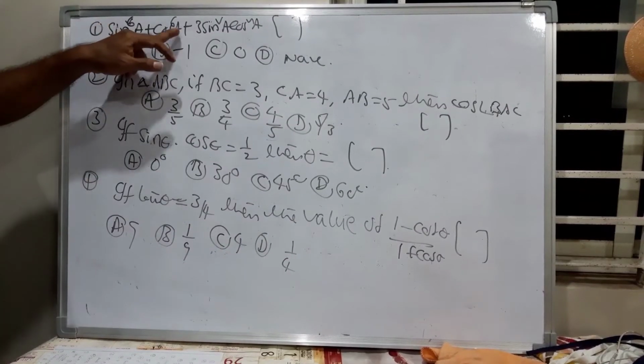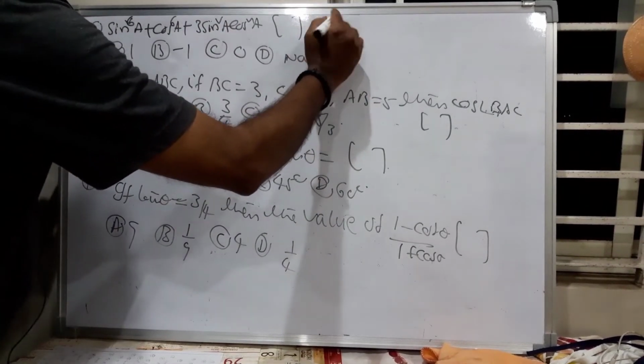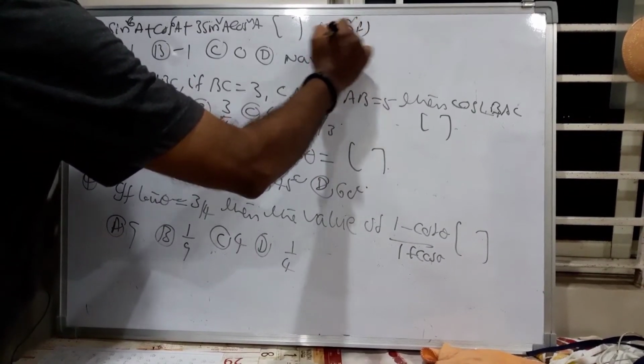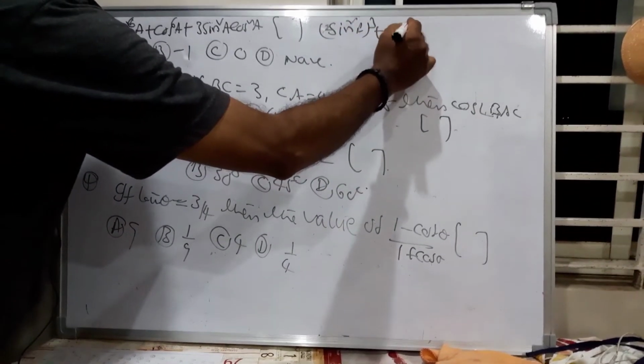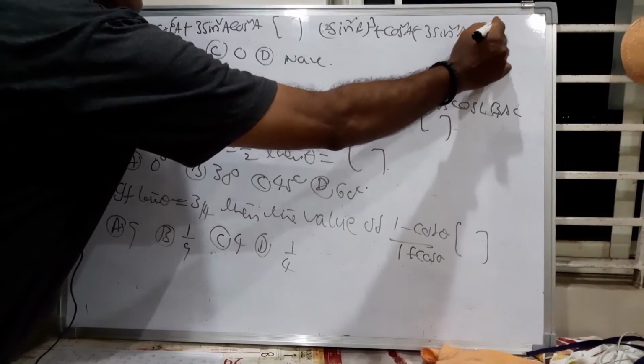Sin power 6a plus cos power 6a plus 3 sin square a cos square a. Observe this expression. We are going to write this in the form of sin square a whole cube plus cos square a whole cube plus 3 sin square a cos square a into 1.